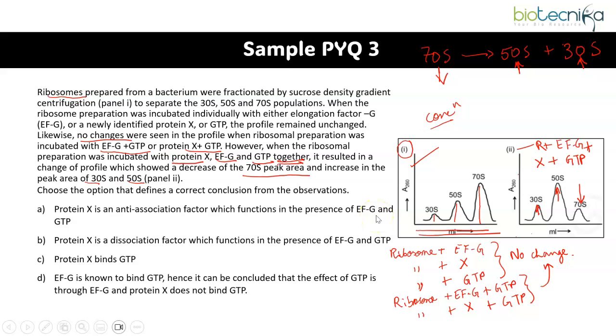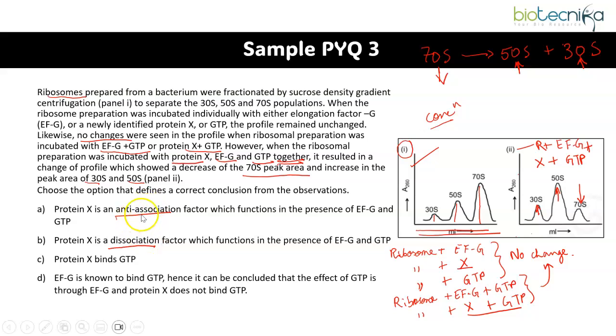Now, this is sure that protein X only is causing something, and protein X can work only in presence of EFG and GTP both. Because protein X, when it was used alone or just with GTP, there is no change. So for protein X's function, it requires EFG plus GTP. Now the question is whether it is an anti-association factor or a dissociation factor.